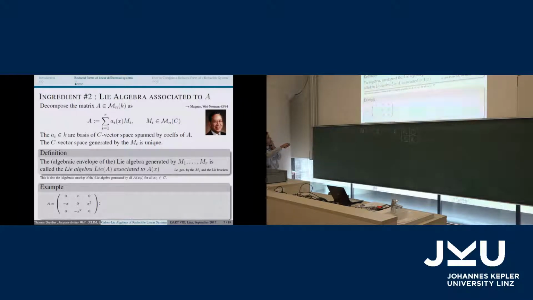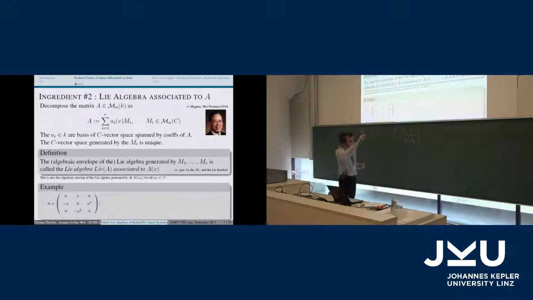They noted that if you have a matrix of a system, and you decompose it as a combination of constant matrices, so you find a basis of the vector space of the coefficients on the constants, you write it as a combination of the M_i's, and you look at the vector space generated by these matrices M_i and their brackets and the brackets of the brackets and so on, so the Lie algebra, and you find the smallest algebraic Lie algebra that contains that, so it has to be the Lie algebra of an algebraic group, a linear algebraic group, sorry.